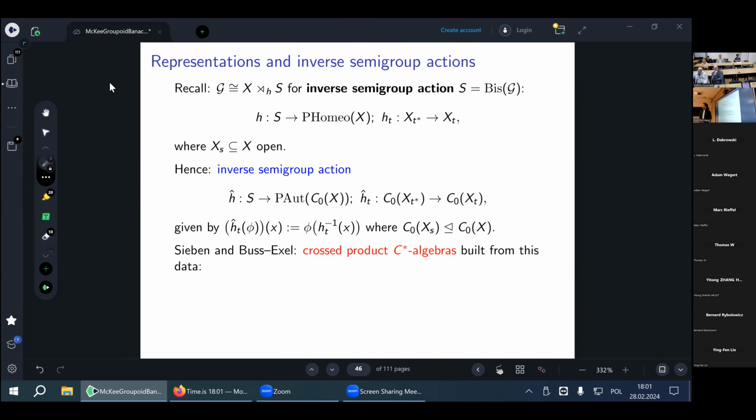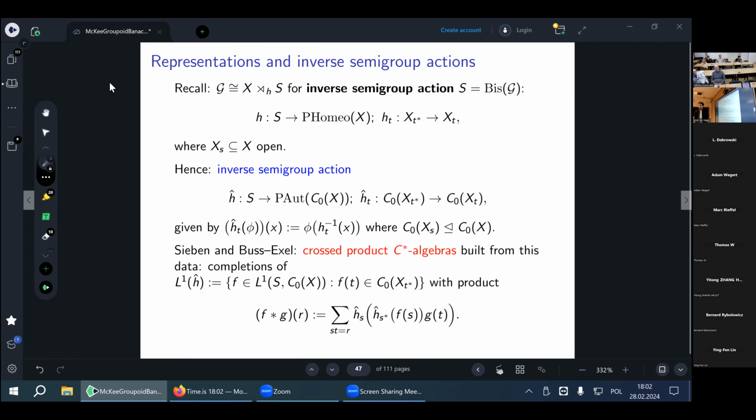Cross products by these inverse semigroup actions on C-star algebras were already considered by Sieben back in the 90s, and a bit more recently by Hughes and Sell. So the procedure is more or less what you would expect if you know the construction of a crossed product C-star algebra formed from a group action.